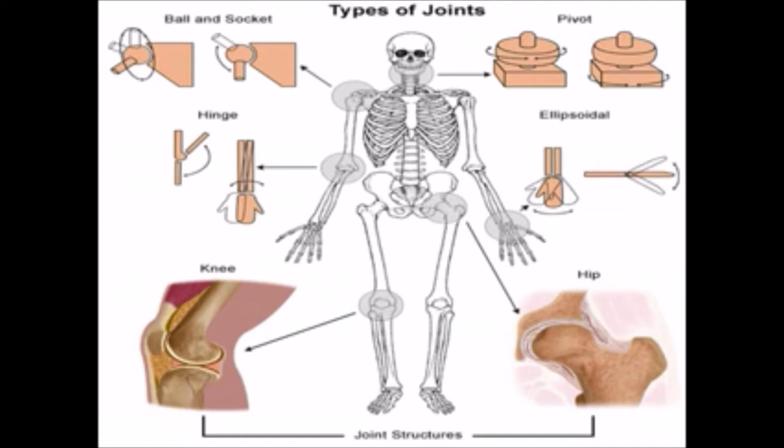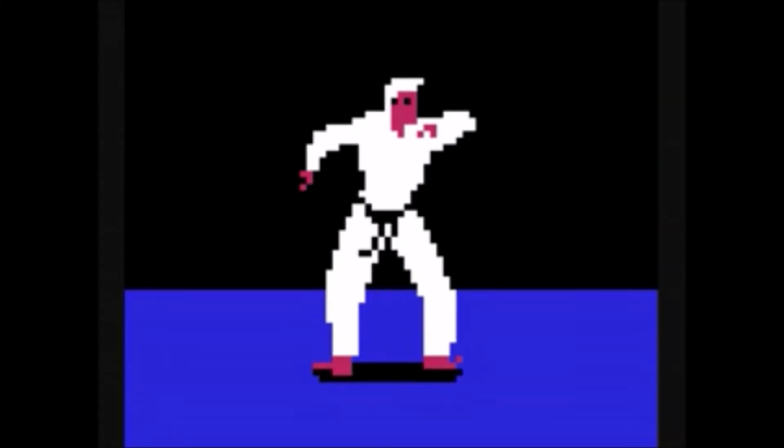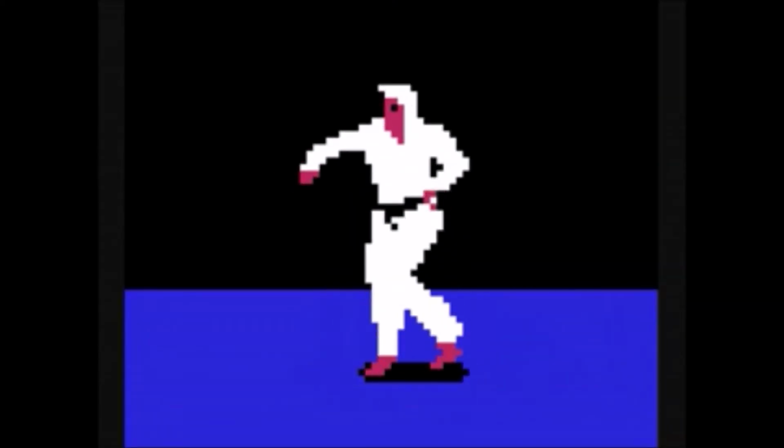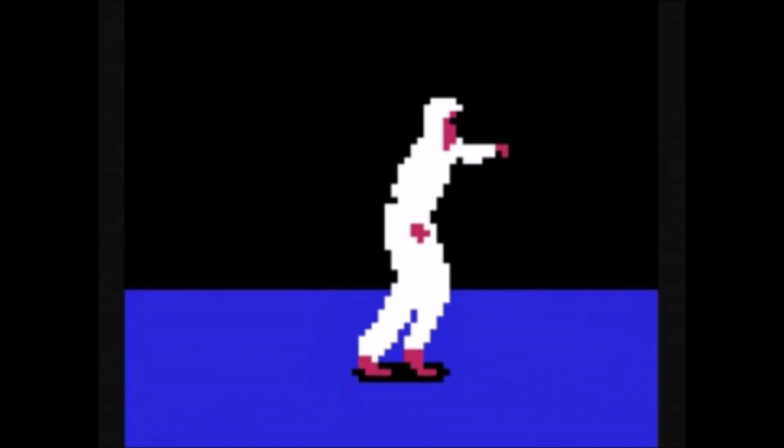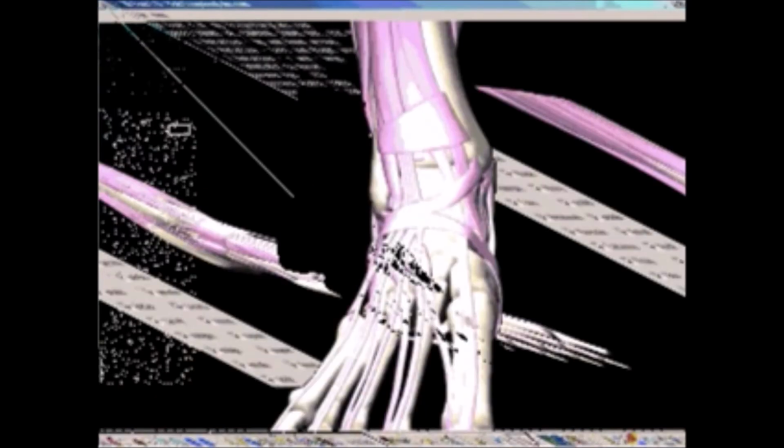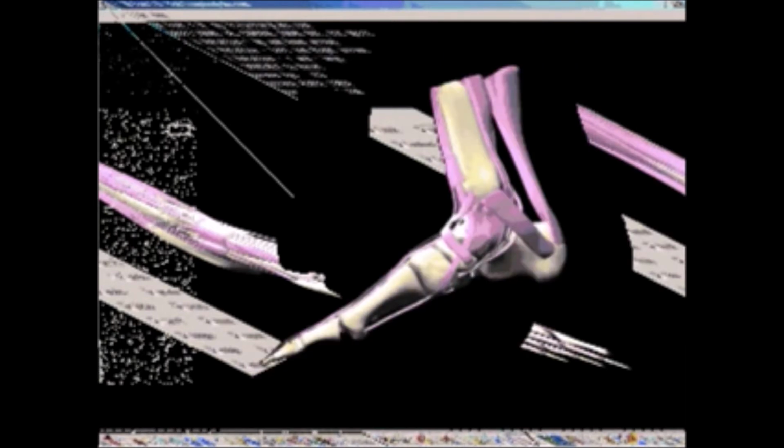Near the elbow you have a hinge joint, then the pivot near the neck, and also an ellipsoidal joint at the wrist. See how he is moving his joints. You can look at the bones of the foot and also the joints.